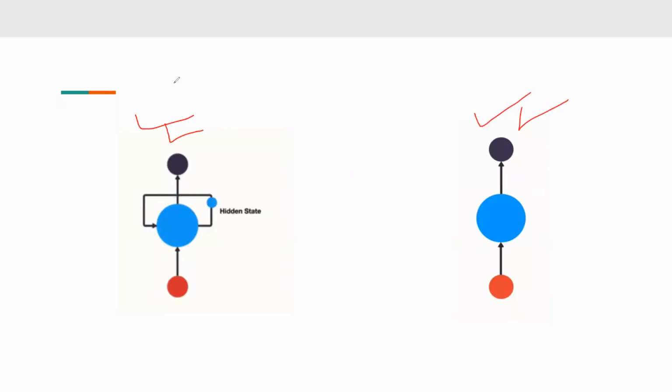This is nothing but the RNN cell. This is nothing but what you can call a perceptron, or just a single neuron. Now just see the comparison.